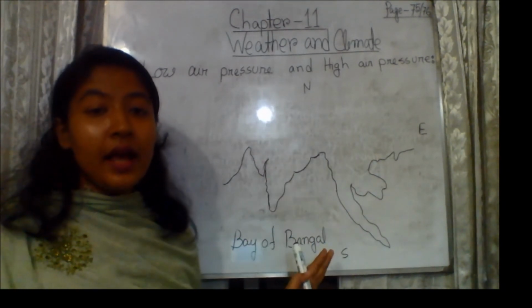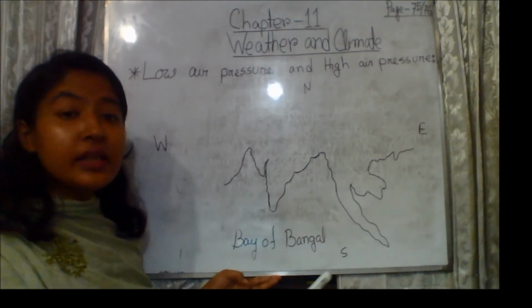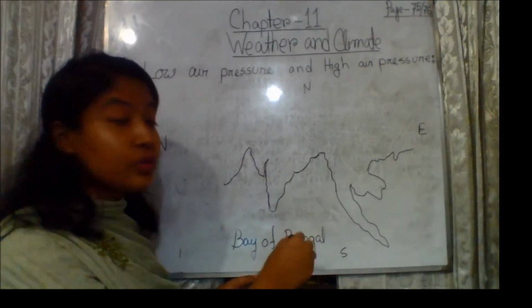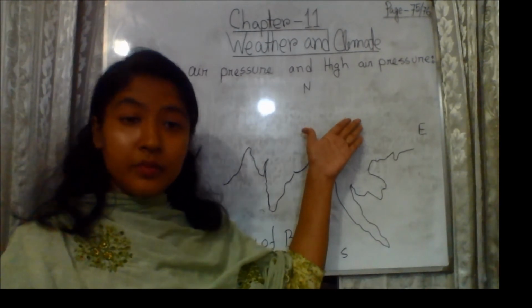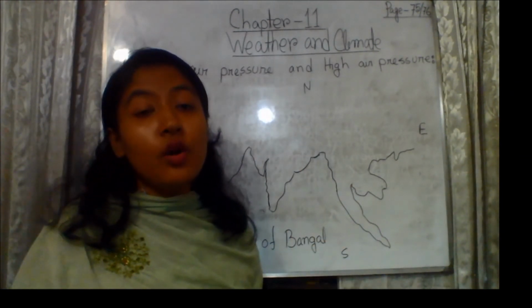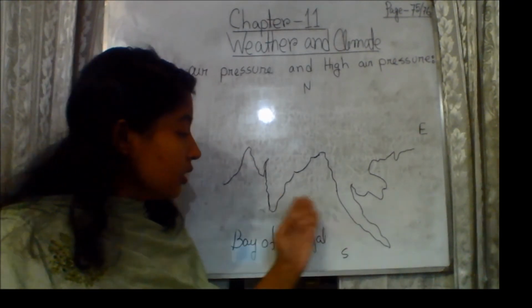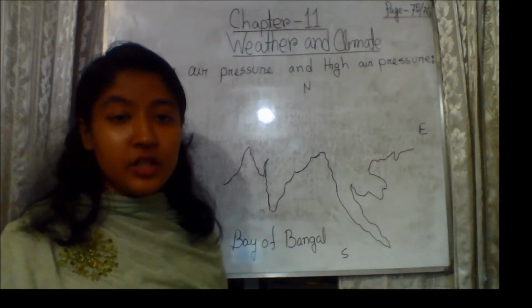On the other hand, the air adjacent to this watery portion, or adjacent to the sea, is cooler than the land air. So cool air is always heavier than warm air. So here on the sea surface, air creates a high pressure.